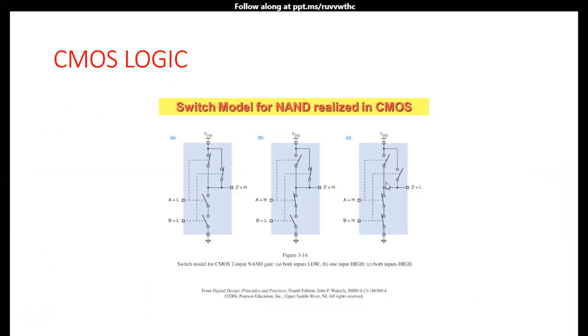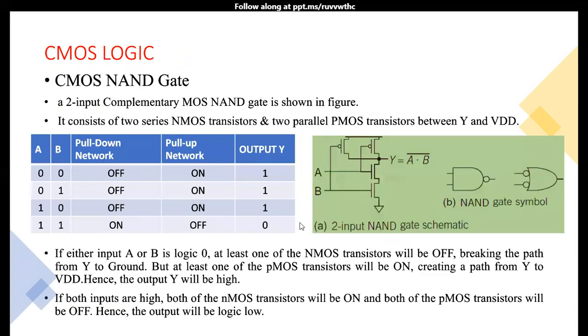In this case, output will be pulled down to the ground. Then there is no output at this point. Hence, output becomes 0. So the same thing is mentioned here. For high inputs, pull down network is on and pull up network is off, which results in low output.